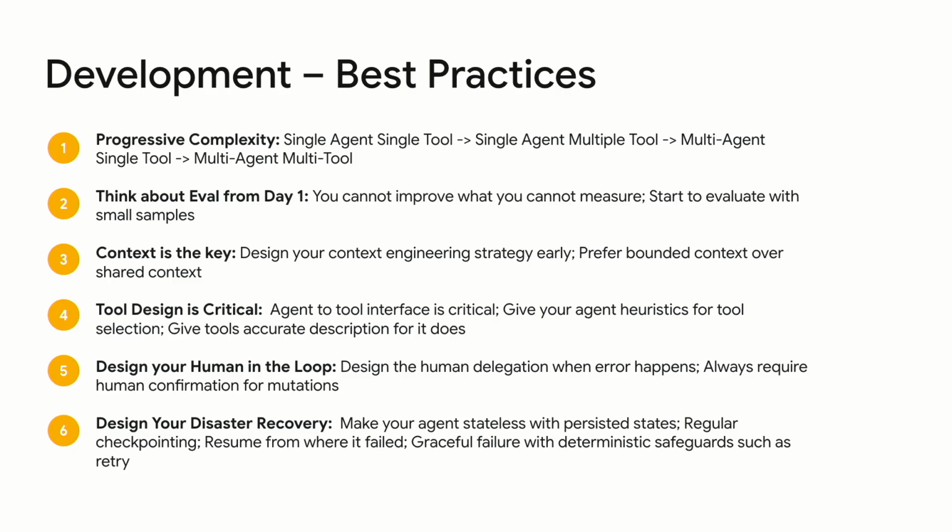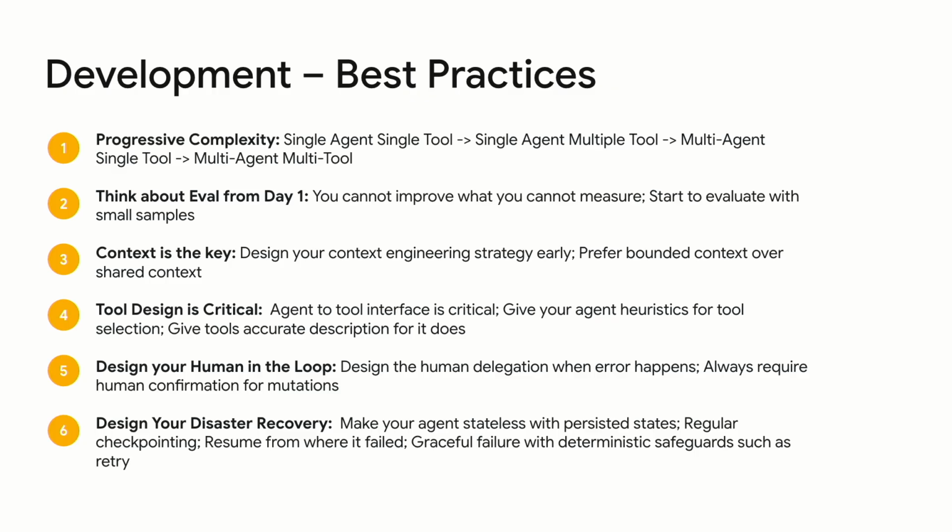Tool design is also critical. The large language model only knows your tools via their descriptions and argument schemas. Vague descriptions can cause hallucinations, so be very precise. A function name such as getAccountBalance with some clear parameters is a good example that an agent can reason about and use correctly.